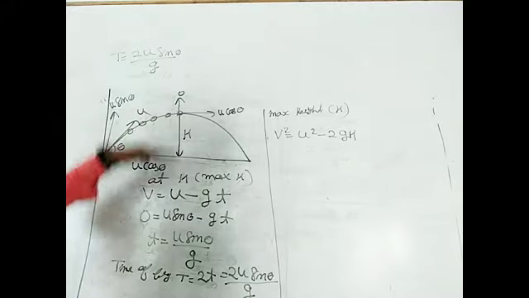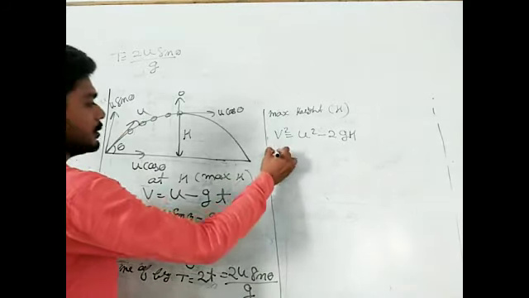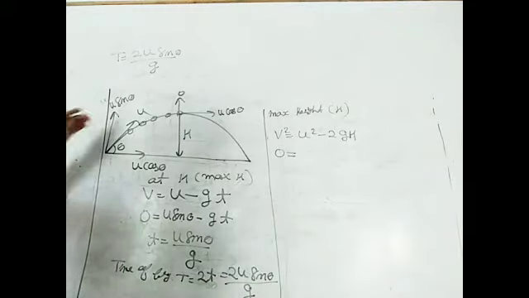At maximum height, v is equal to 0. For vertical motion, u is equal to u sin theta.